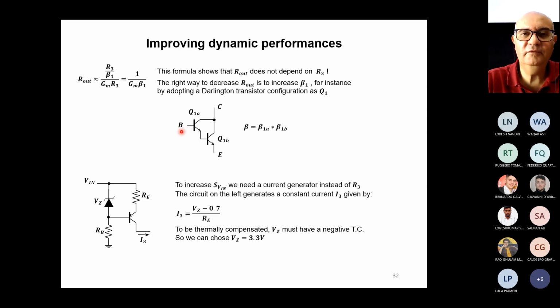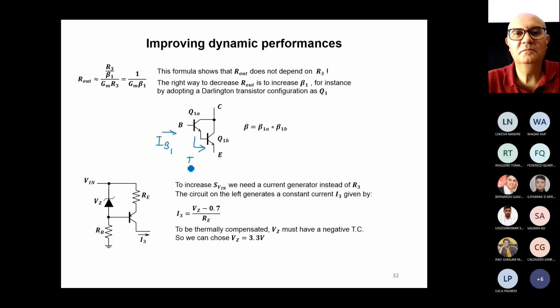Basically, we can also write, if you prefer, that if I have this current here, IB1, the base current of transistor 1, here I have an IB2 current, that if we want to be precise, is 1 plus beta 1 times the current IB1.